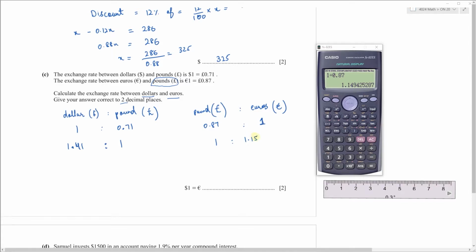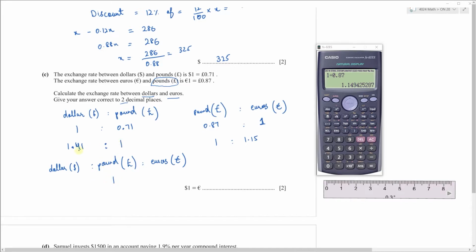So now you have 1 pound is $1.41 and 1 pound is how much? 1.15 euro. So now if I write dollar ratio pound ratio euros, I have the common is the pound.